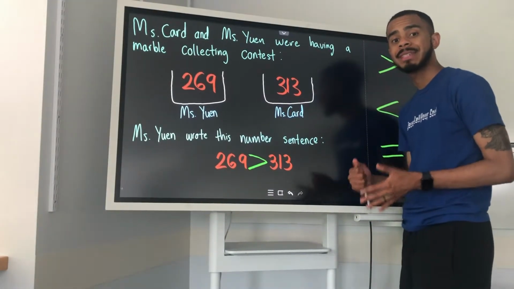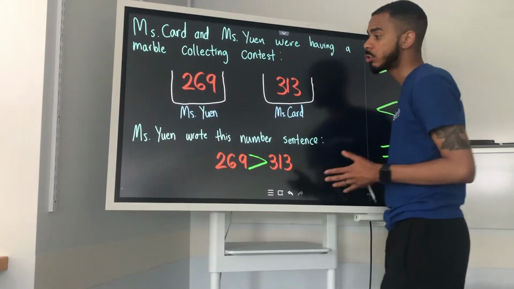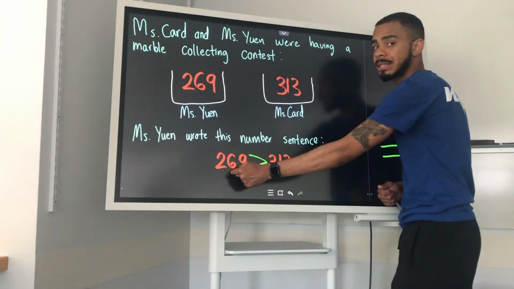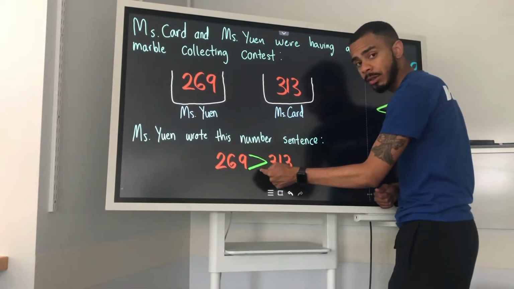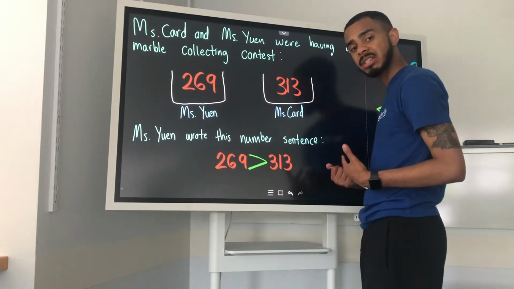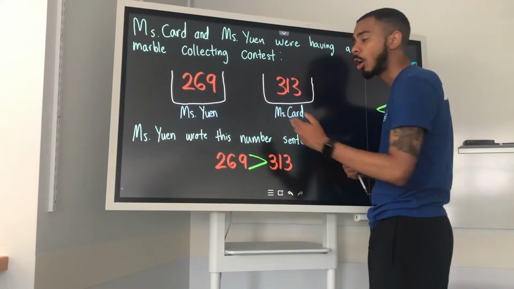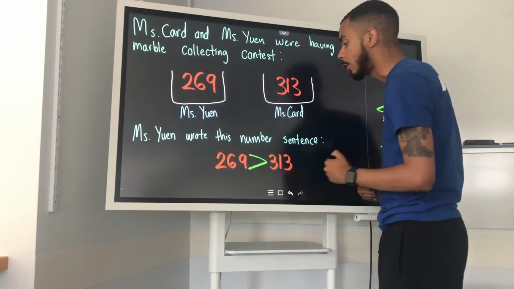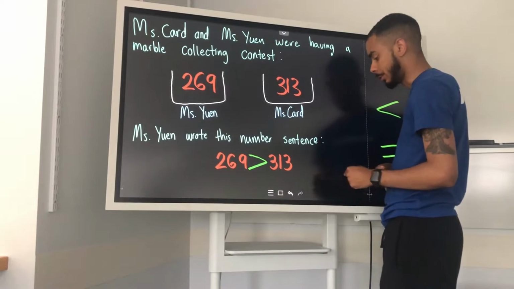So for the problem-solving task, remember, Miss Yoon wrote this number sentence, 269 is greater than 313. That's the number sentence she wrote comparing her marbles to Miss Card's marbles. Now, I'm gonna write this on another screen.